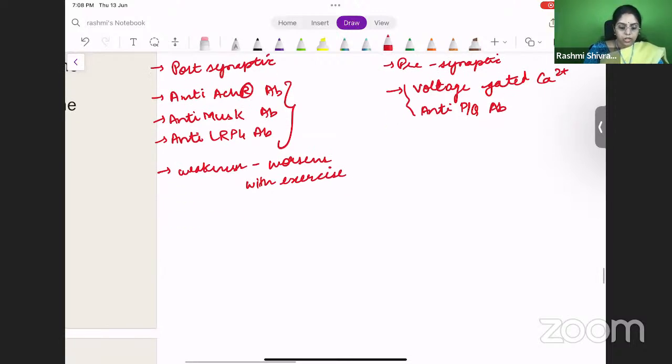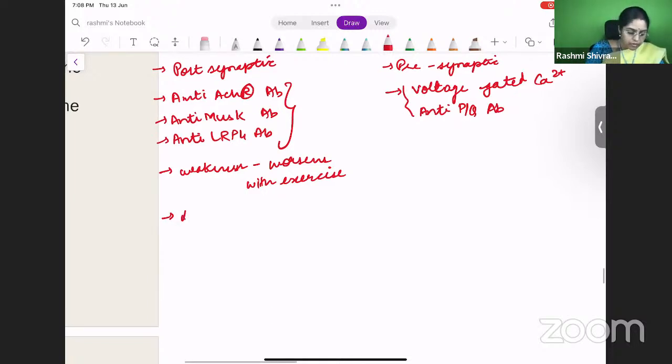One more important thing that you must remember is there will be a decremental response. You keep on stimulating the nerve again and again, so a lot of acetylcholine is released, but the acetylcholine receptors have not accepted it. When the nerve gets stimulated and activates the muscle, first it will react nicely, but once the acetylcholine receptors are all occupied and lesser in number, they will not give an appropriate response.